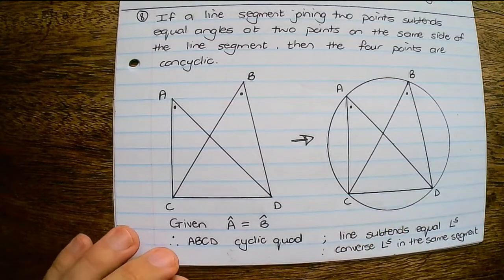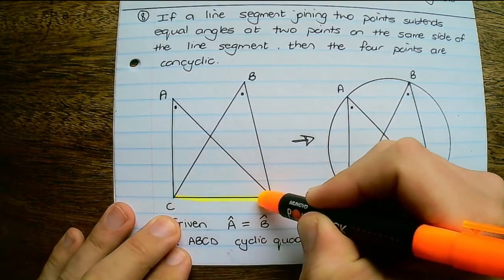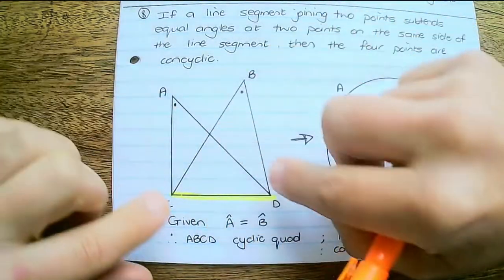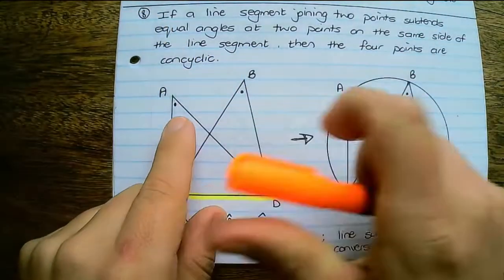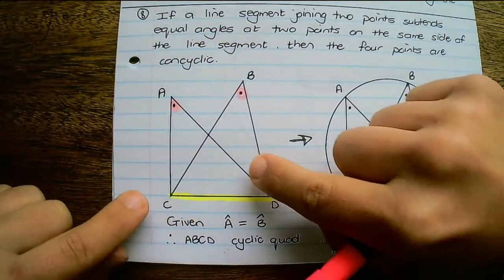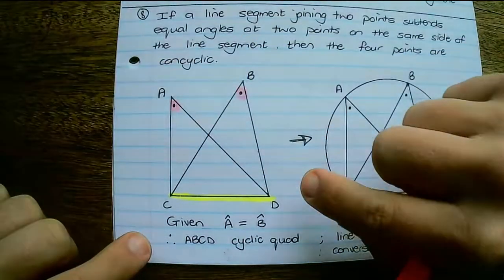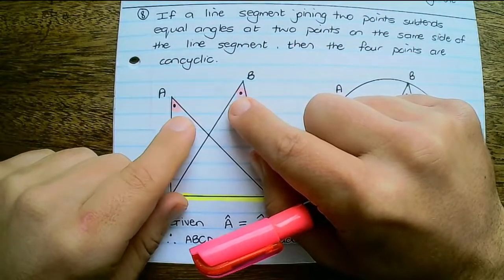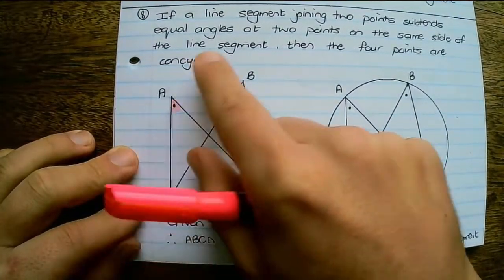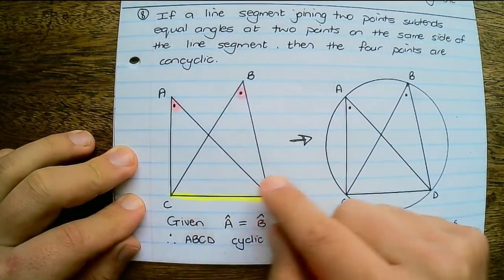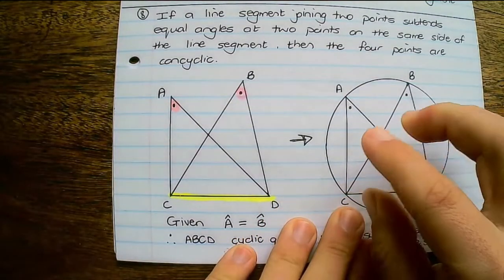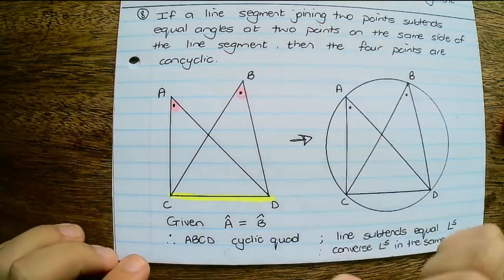What that means is if I have a line CD, and out of those two points I produce two points A and B, and if those two angles which I make from CD are the same size, then these 4 points are concyclic, or that's a cyclic quadrilateral. And this is what it means. So I have proven our previous statement without the circle, and that is called a converse.